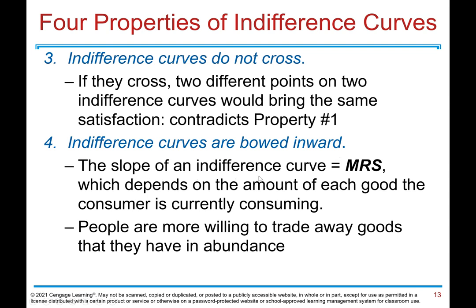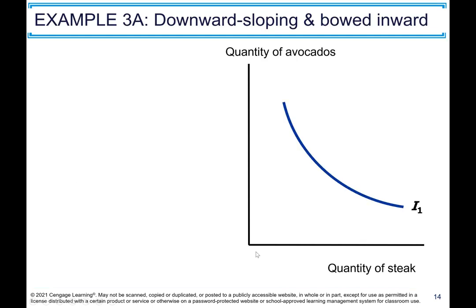The slope of an indifference curve, which is the marginal rate of substitution, depends on the amount of each good the consumer is currently consuming. People are more willing to trade away goods that they have in abundance. Downward sloping and bowed inwards.